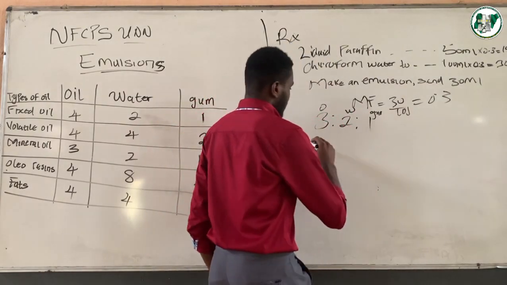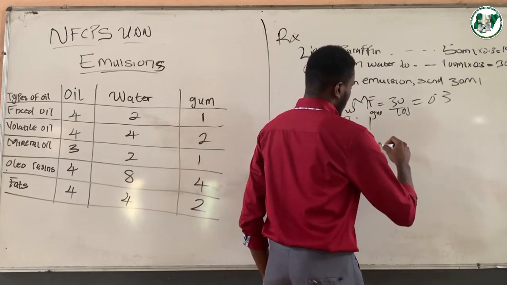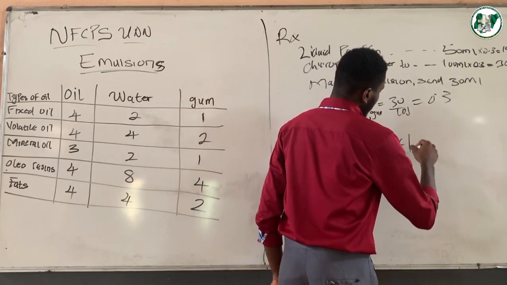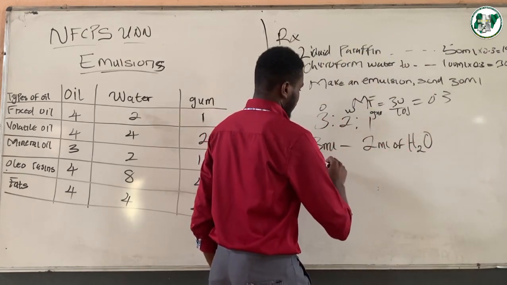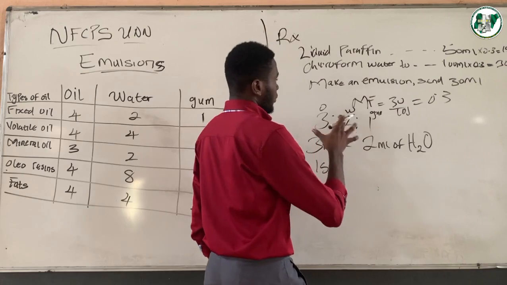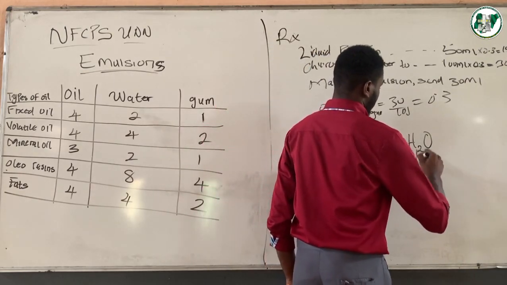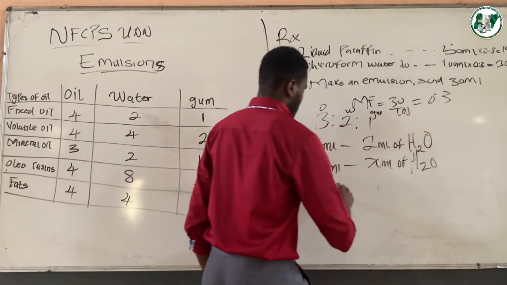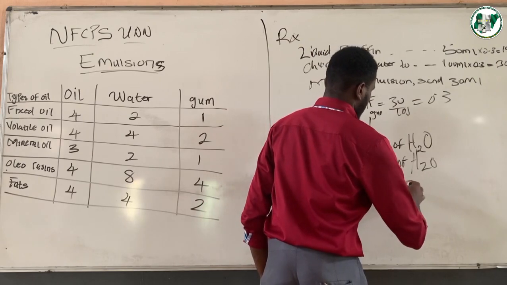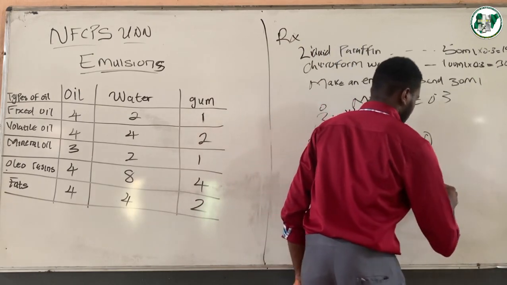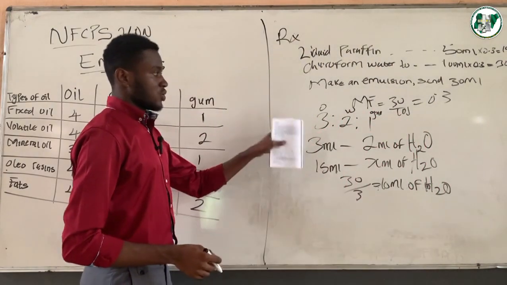Now, since 3 ml of mineral oil should contain 2 ml of water, then 15 ml of mineral oil for this particular preparation should contain X ml of water. So when we cross multiply this, we're getting 30 divided by 3, which is 10 ml. So we now have 10 ml of water for this particular prescription according to the ratio we have.